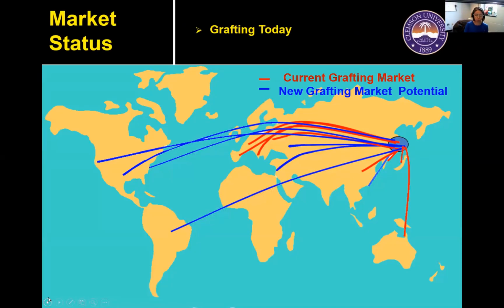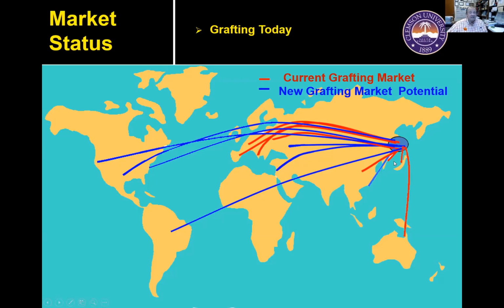Yes, okay. Beautiful. I think one of the things that we need to point out is where grafting has been going on in the world, and basically some interesting facts to present first. I just show you this slide to show you where grafting originated from.